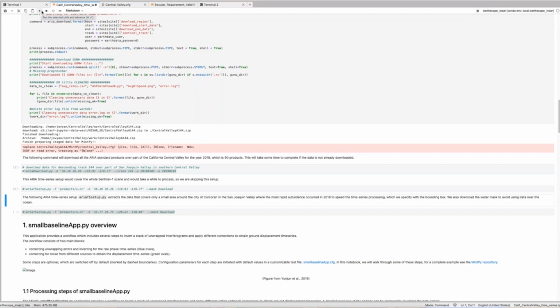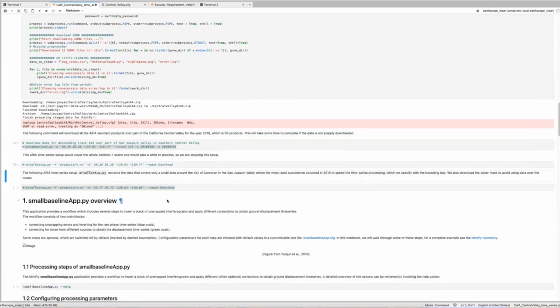I've put in here the commands to run the ARIA commands to download the exact same data set. You can modify these commands to download data for any other place where the ARIA data is available, if you want, or to download a different time interval. In this case, we're only downloading the data from the year 2018 to limit the amount of time that we're going to analyze.